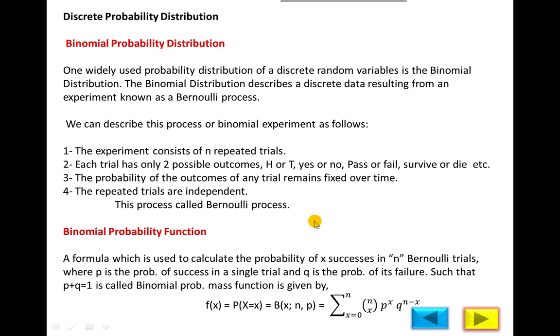The variable may be discrete or continuous. First we will study binomial probability distribution, then Poisson probability distribution. Both are discrete probability distributions used for discrete variables. But what is the difference between the binomial probability distribution and Poisson probability distribution? This is the most important thing.